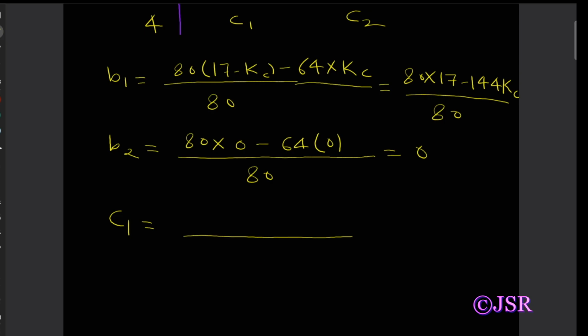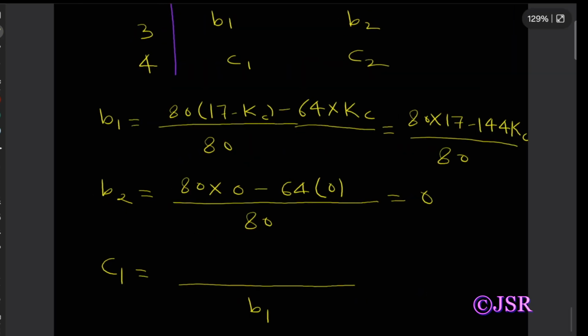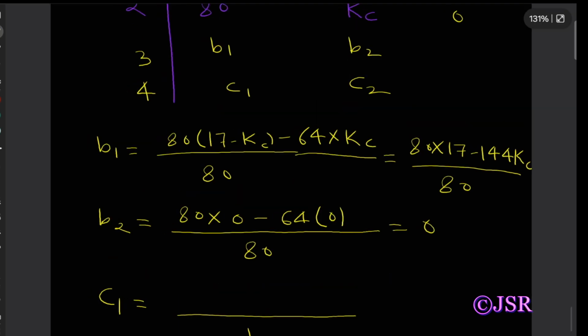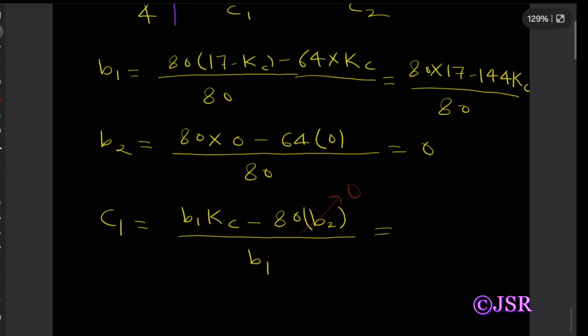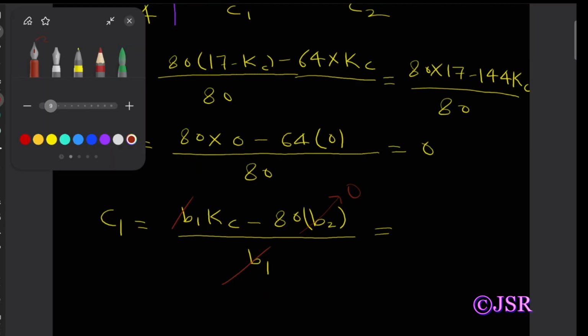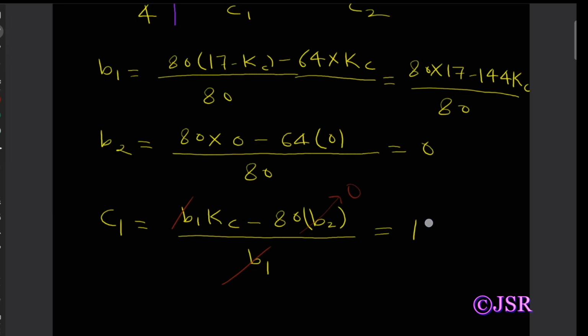So C1 will be equal to 1 upon B1, and this will be B1 into Kc minus 80 times B2, and B2 is 0. So C1 will be equal to Kc.